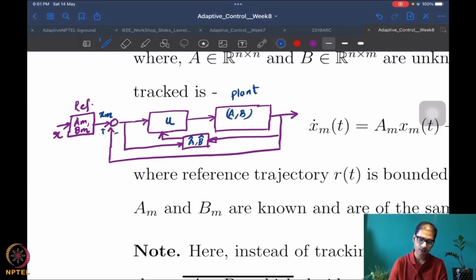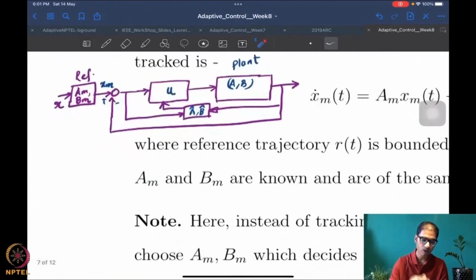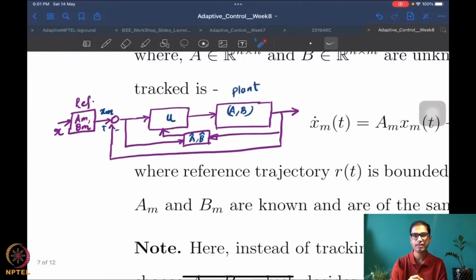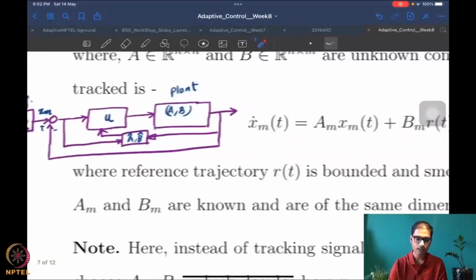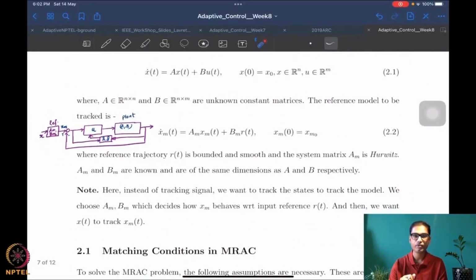So this is how the adaptive control block will look, because the plant matrices A, B are also not known, so I'll create an adaptive law for that. That will also feed into the control. Then there's a reference system which takes in a reference r and outputs what the system needs to track, which is this x_m. And then all of it comes together to give you the control, and the control then of course feeds into this plant. So that's how this model reference adaptive control block diagram will look.